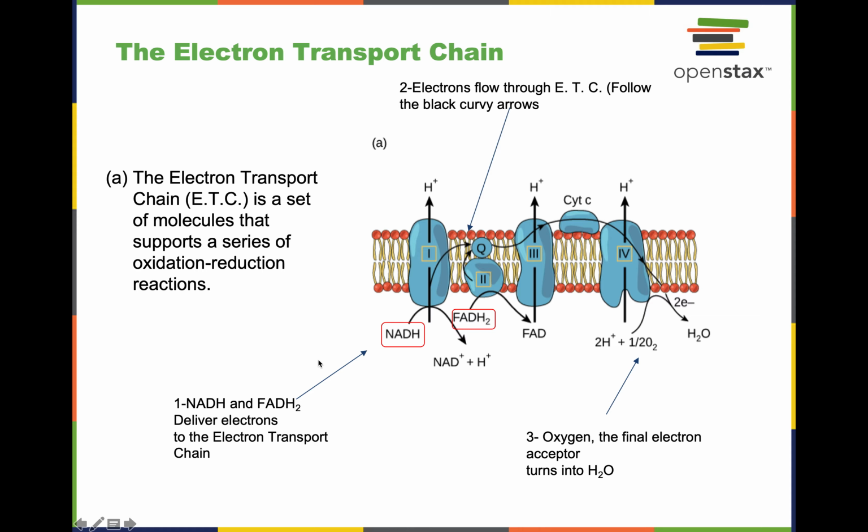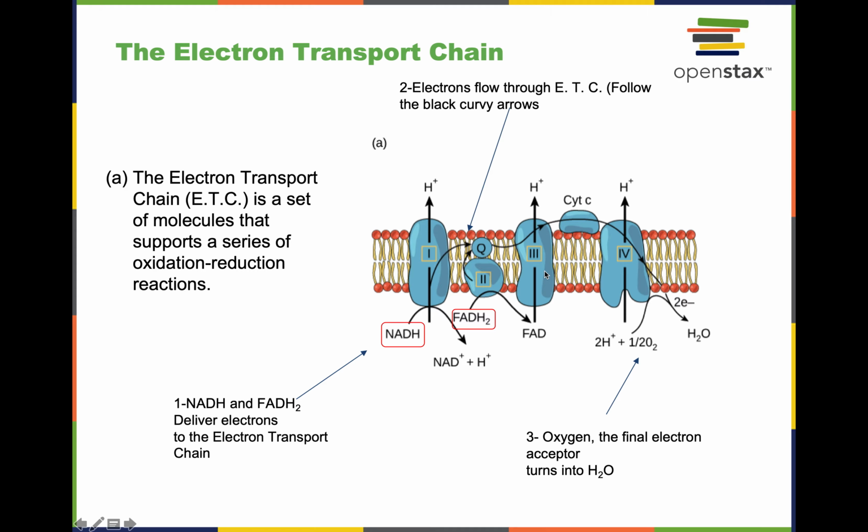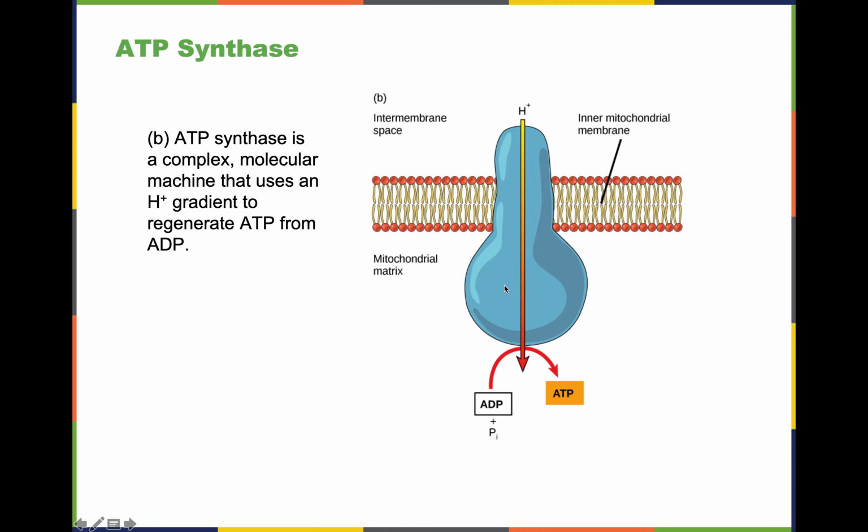So what is the next player? The next player is ATP synthase. This is actually the molecule in which ATP is made. ATP is not made in the electron transport chain. It's made by this molecule. This molecule utilizes the buildup of hydrogen ions against their concentration gradient, and it also has a protein channel.